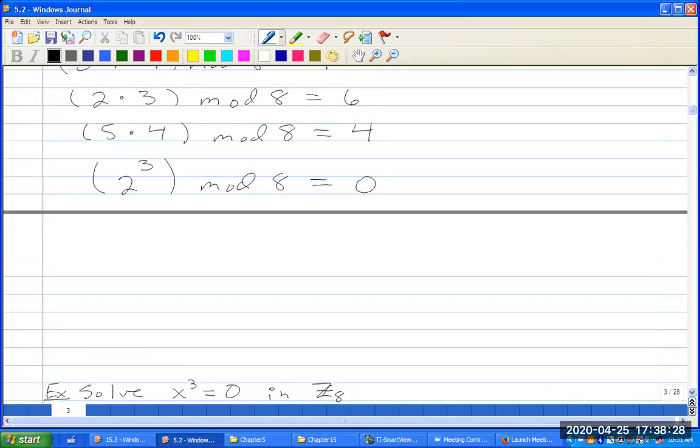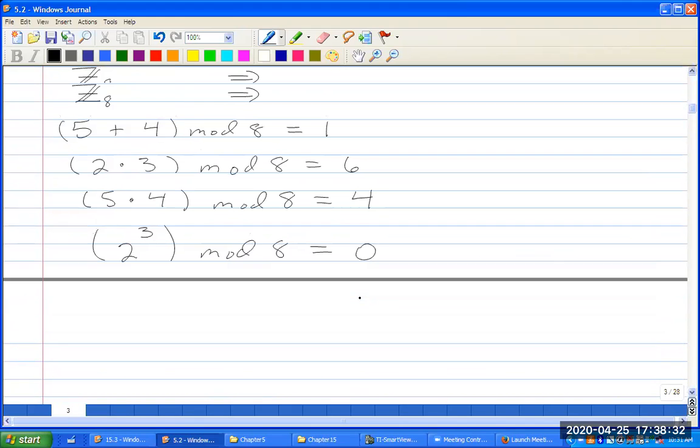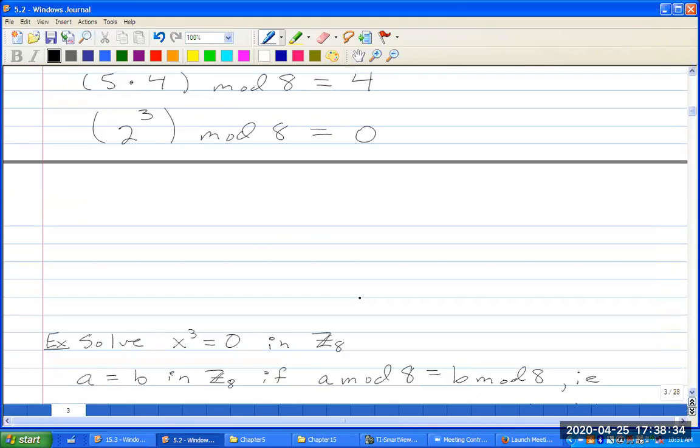So that's sort of weird, that somehow you bring it to a power and it just gives you 0.